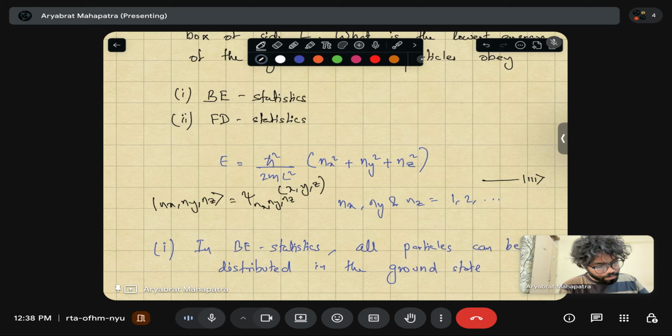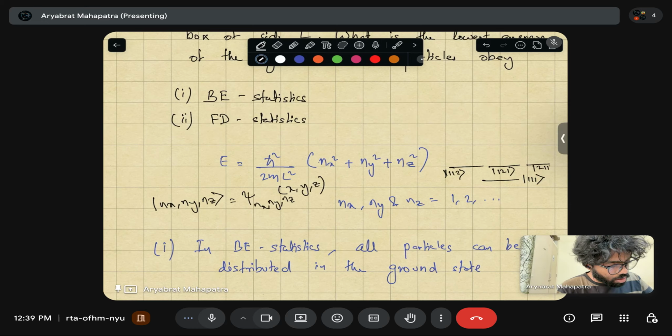This is your ground state, with degeneracy only one. But for the first excited state, you will have a degeneracy of three. So this is 1, 1, 2, this is 1, 2, 1.